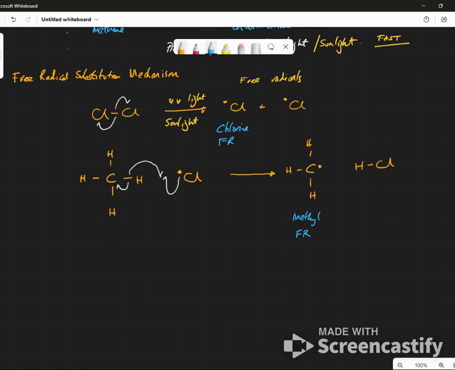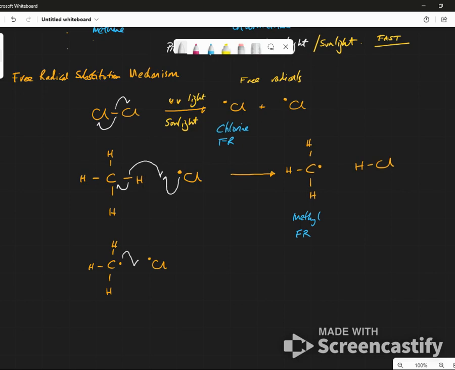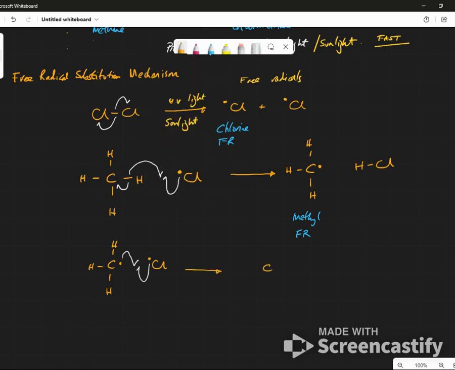Okay, so let me draw that. So this guy, my methyl free radical, meets my chlorine free radical. And let's draw the curly arrows. Well, this electron goes there. This electron goes there. And what do we get?